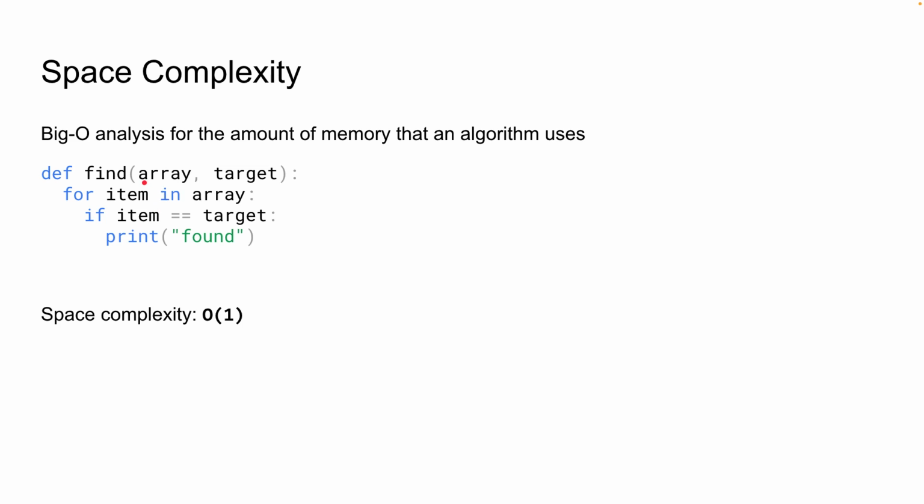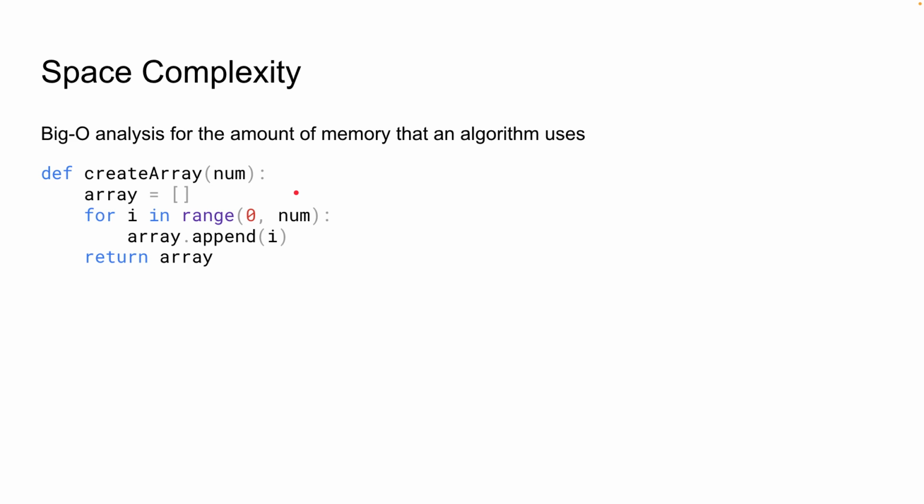So note here that we are not counting the memory taken up by the array in the find function because, well, we assign the ownership of that memory to whatever is calling the find function. We are only interested in the space taken by the find function itself.